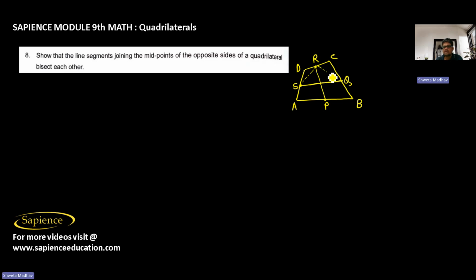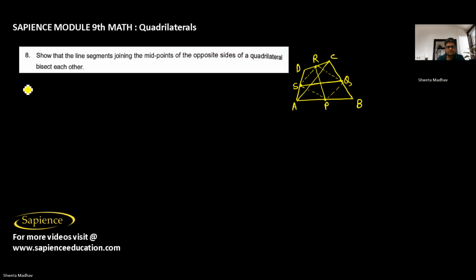So we have to show that there is a parallelogram. Then only the diagonals will bisect each other. Here we can draw the diagonal AC.